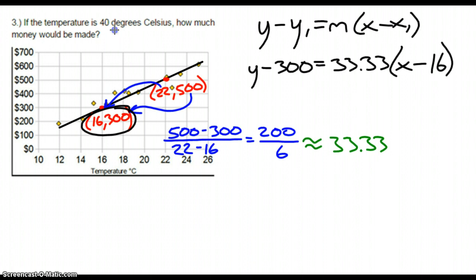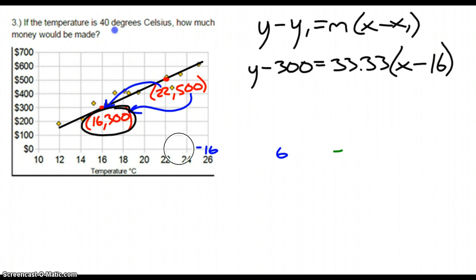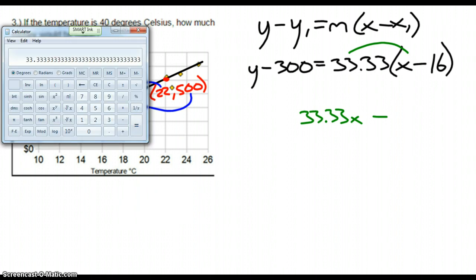Alright, and then we're going to do a little distributive property. Okay, so slope times x, 33.33x minus, now I got to take 33.33 times 16. So 533.33.